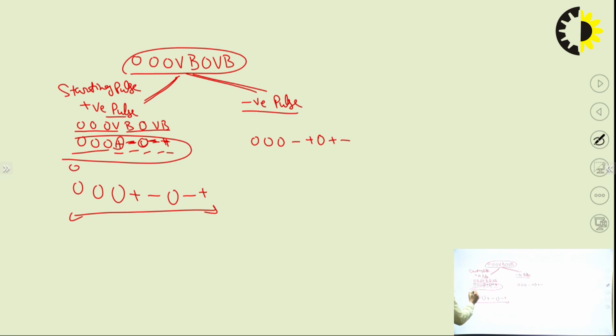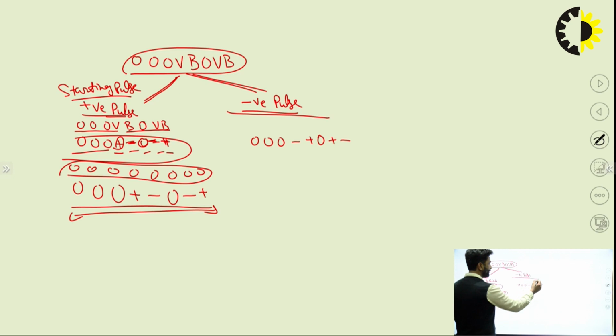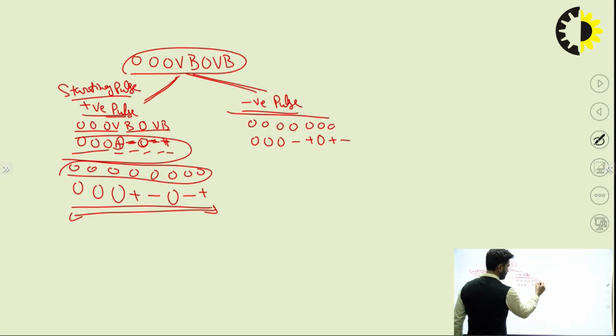This will replace the long consecutive zeros. 8 times 0 will be there, we have to replace by this polarity, depending on whether the previous pulse is positive or negative. Then the long 0s will be replaced by this format.